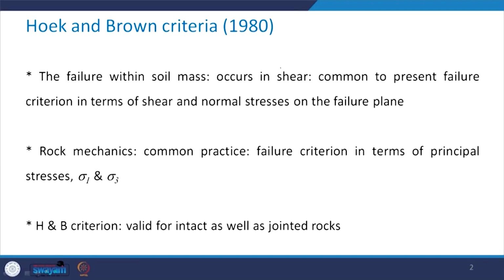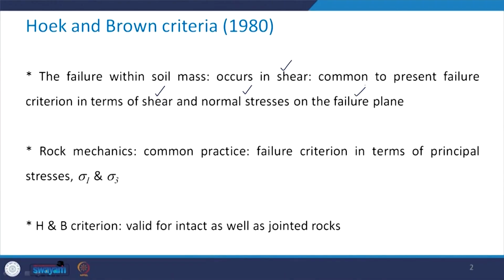The failure within the soil mass occurs in shear, we all know this, and therefore it is common to present the failure criterion in terms of shear and the normal stresses on the failure plane. But in case of rock mechanics, it is the common practice to represent the failure criterion in terms of principal stresses, which are sigma 1 and sigma 3.